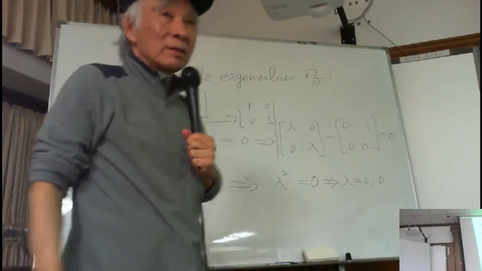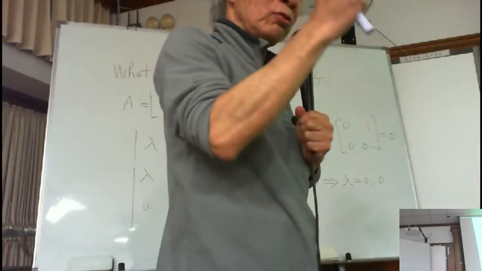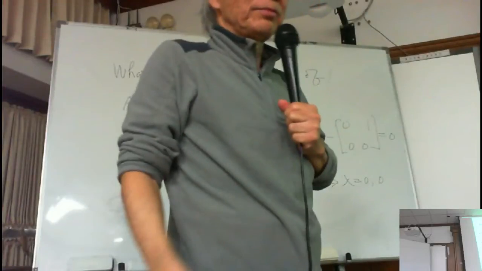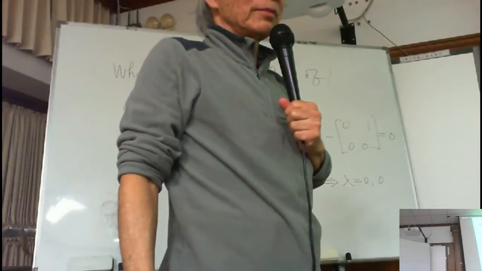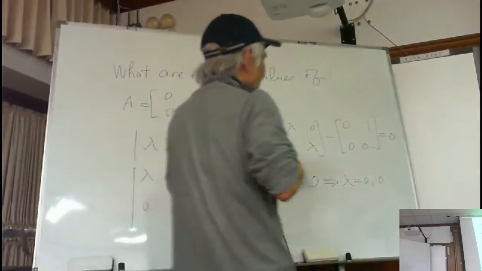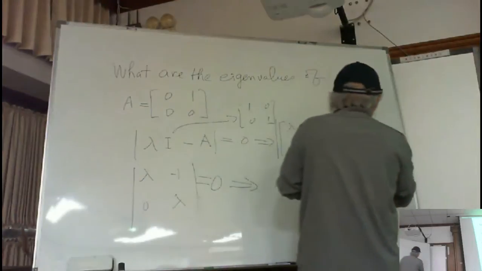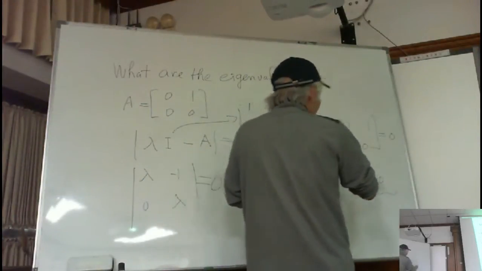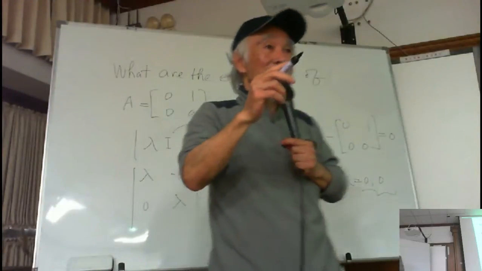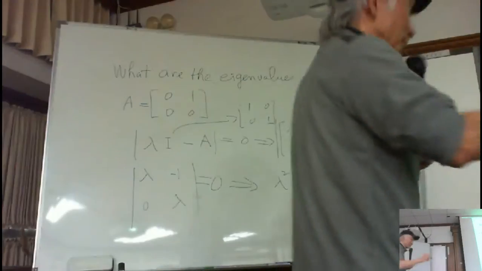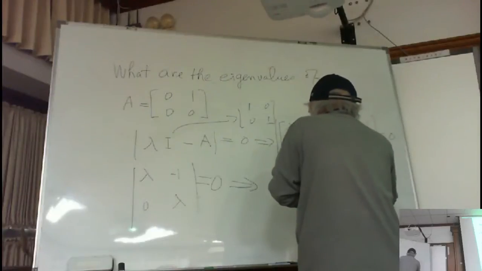For a 2 by 2 matrix, there are 2 eigenvalues. So we have 2 zeros. That 2 zeros, what we mean is we call repeated eigenvalues. The eigenvalue repeated.